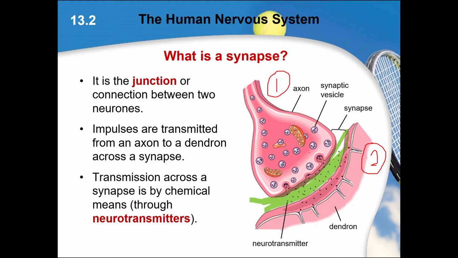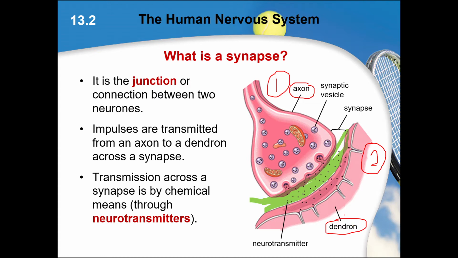Neuron number 1, as you know, all neurons end with the axon terminal. So what you're seeing here, like a button-like structure in neuron number 1, is known as the axon terminal. In neuron number 2, what you see here is the start of the second neuron, and that's why we start with the dendron. So you can see neuron 1 ends with an axon that terminates at the synapse, and after the synapse, the dendron of the second neuron receives the nerve impulses.